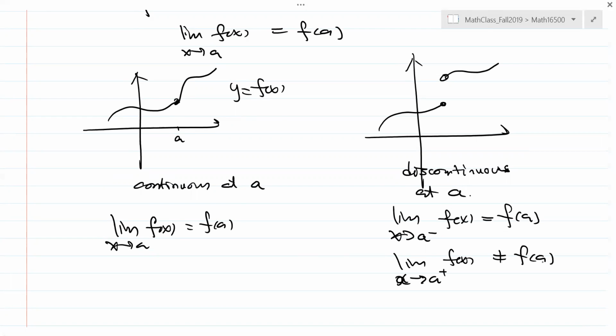The dot here means the value of the function. So the function is continuous from the left-hand side at a, but it's not continuous from both sides at a. Okay? So continuity, roughly speaking, is about whether the graph is broken or not.